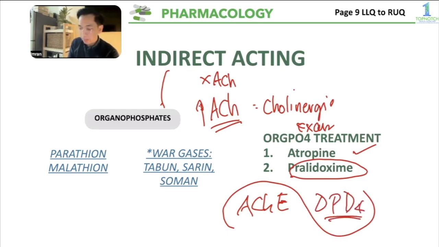It prevents the aging. Aging means yung parang mas nagiging strong yung connection nila dalawa. Ngayon, pag naging strong yung connection ng dalawang to, hindi mo na ma-release si acetylcholinesterase. Hindi masisira si acetylcholine. Dadami si acetylcholine. So, dadami yung cholinergic toxicity.